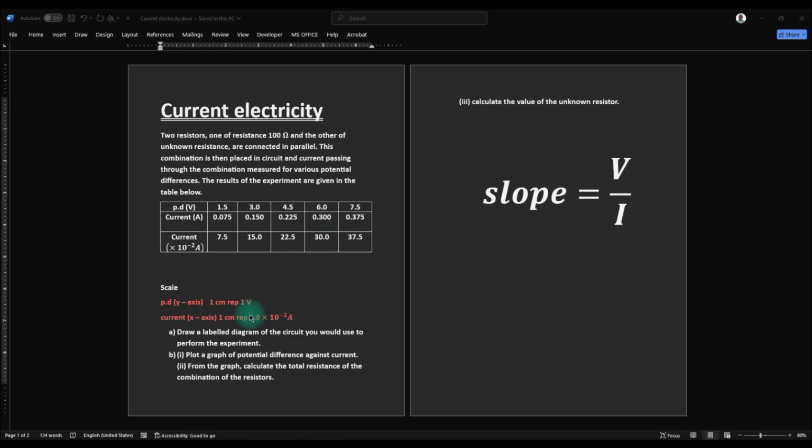Then from there we draw a labeled diagram of the circuit you would use to perform the experiment. In our question here, there are two resistors, one known and one unknown, connected in parallel. Again, we have a potential difference reading, which means we should have an instrument called a voltmeter. We have a current reading, so we should have an ammeter also in that diagram.